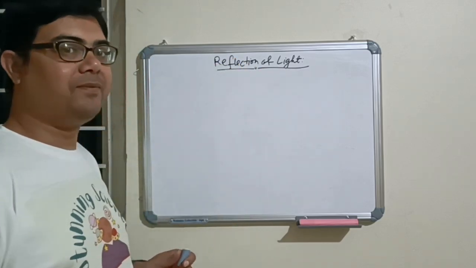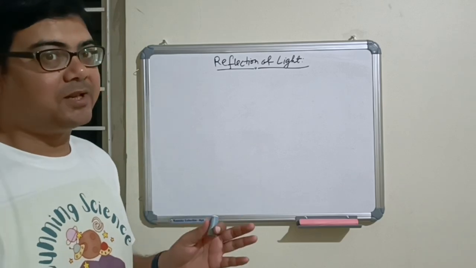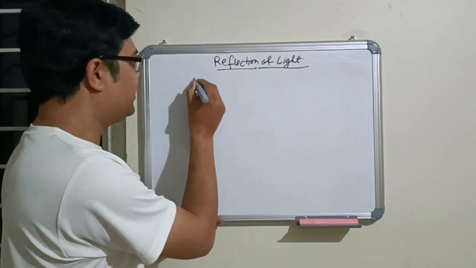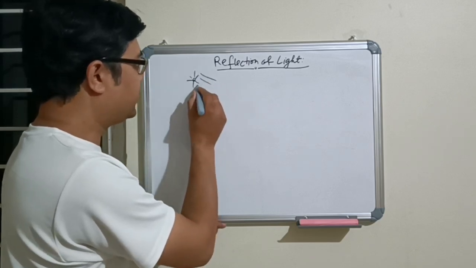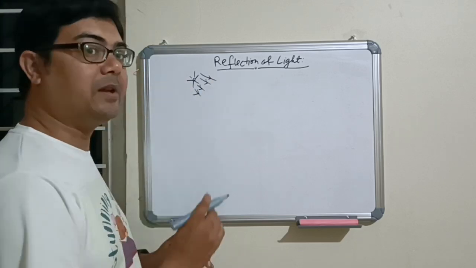We know what is reflection of light. When we consider a ray of light, if you consider a light source, lots of light rays are coming.